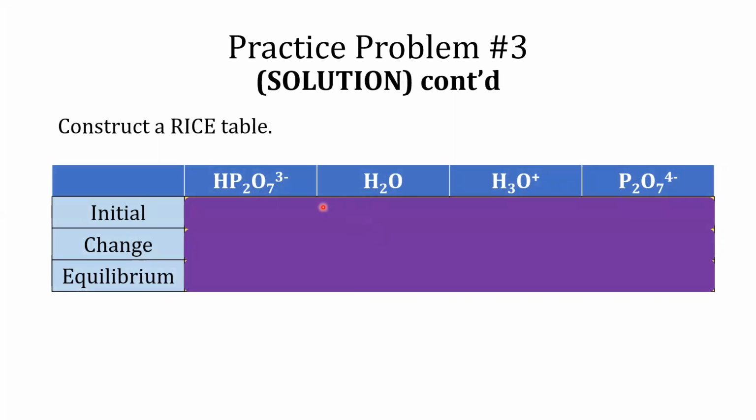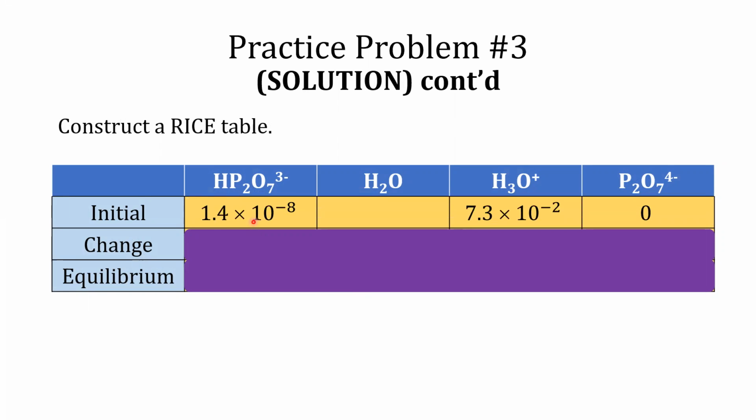In constructing the Rice table, the initial concentration of hydrogen diphosphate ion is 1.4 times 10 to the minus 8 molar. Hydronium ion is 7.3 times 10 to the minus 2 molar, and diphosphate ion is 0 molar.